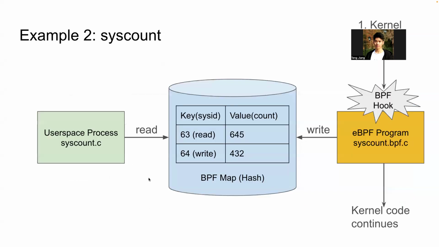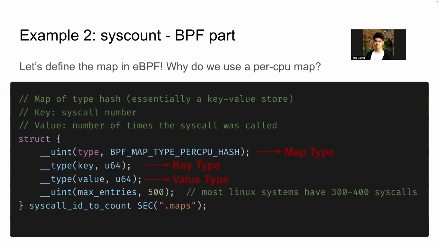Here's the illustration. The user space process reads with the libbpf infrastructure, and the eBPF program also writes to the BPF map with the BPF helpers. That's what I'm trying to get at here. This is how we define a map, a hash map. You can see this is the per-CPU hash map.